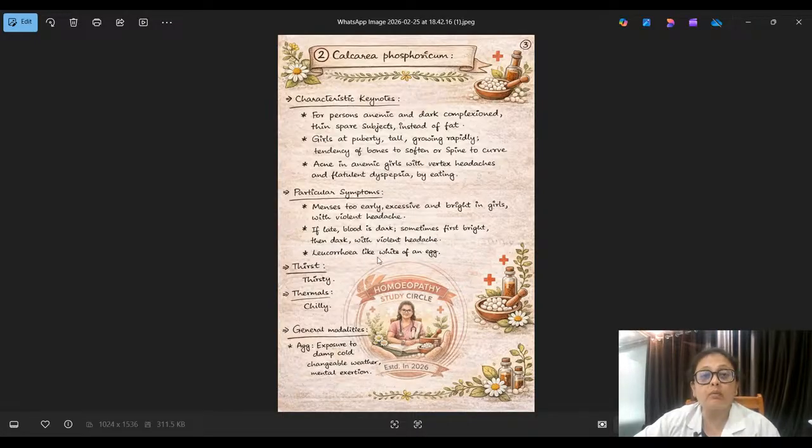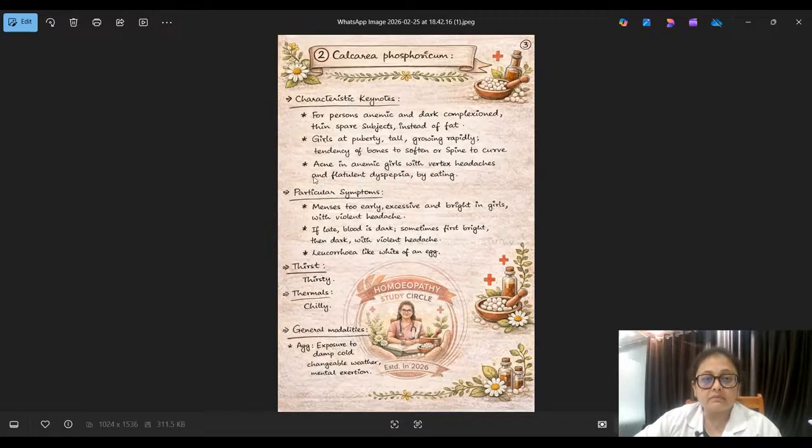Whatever Allen, Boericke, Kent, Clarke, Boger have written are their experiences. It is not that they wrote something out of imagination. These are all their clinical experiences. All of them practiced for 25 to 30 years or more, so they would have seen so many patients. That is how they put down all these symptoms.